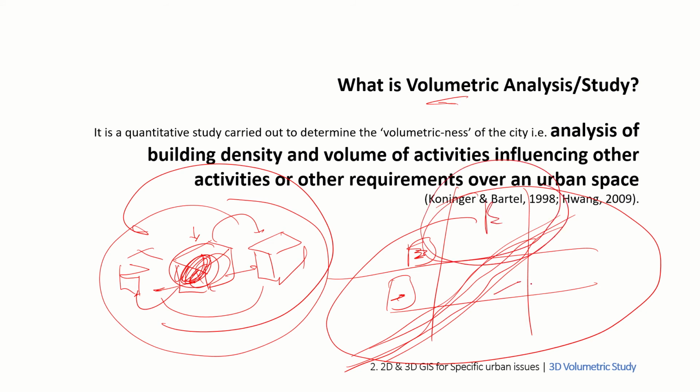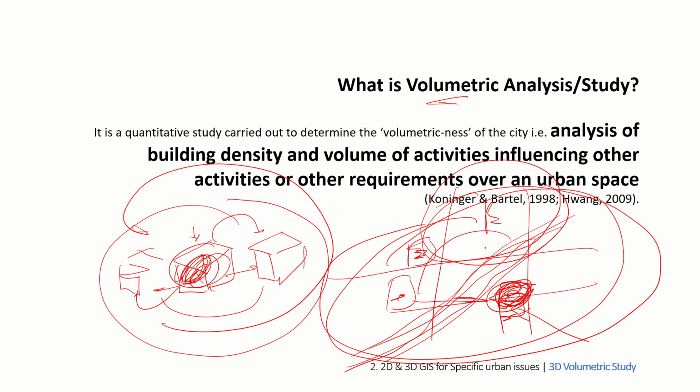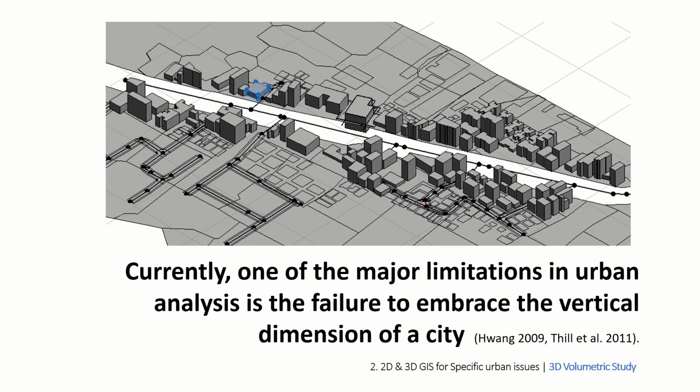And if we introduce an industry here, we are introducing a new entity to the existing environment. How does this relationship work? What is the impact this entity will create? It will have an impact on other entities there.